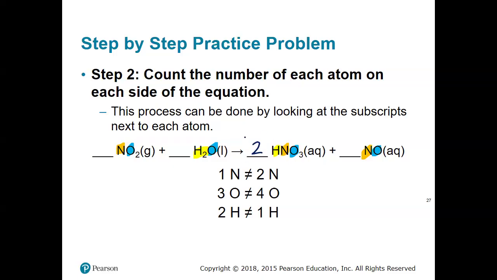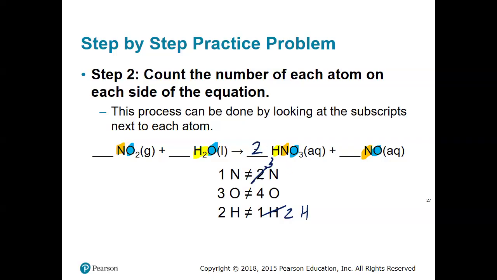Now, the thing is, when I put this coefficient in front, not only am I changing the hydrogens, I went from 1 hydrogen to 2. But I'm also changing the nitrogen and the oxygen as well. Because nitrogen, I now have 2 times 1, so 2 plus an additional 1, this is now 3.